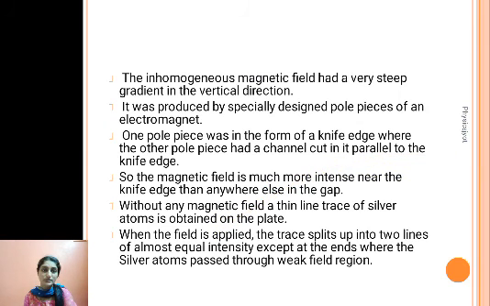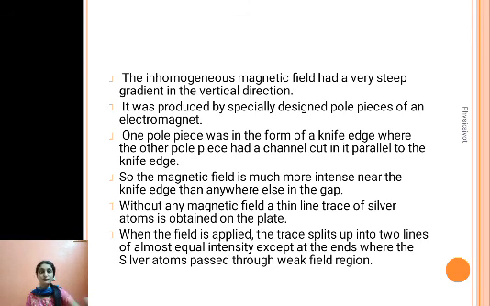Now let's see. The inhomogeneous magnetic field which we produce had a very steep gradient in the vertical direction, and here the vertical direction we will be calling the x-axis. It was produced by specially designed pole pieces of an electromagnet.